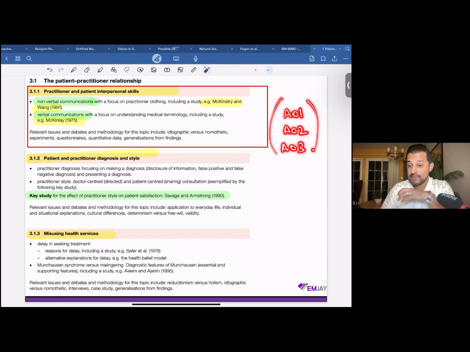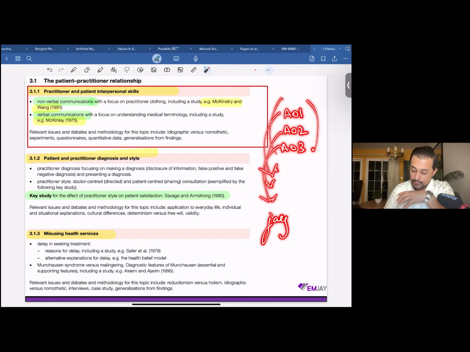If someone is an A-level teacher or a student, they should know that AO1 stands for assessment objective number 1, that is knowledge and understanding. AO2 stands for assessment objective number 2, that is interpretation and application. AO3 is assessment objective number 3, that is evaluation and analysis. So this is a jargon.